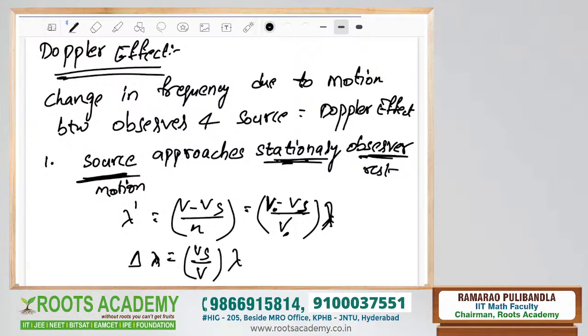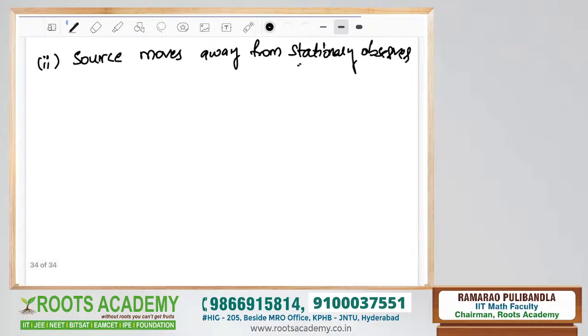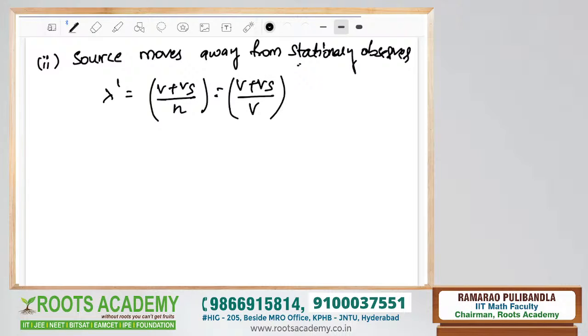The stationary observer, when the source approaches, that means moving towards the observer, we got (v − vs) / v. So here it is moving away, so λ' = (v + vs) / n, that is equal to (v + vs) / v × λ. So the wavelength is increased, that means Δλ = vs / v × λ.